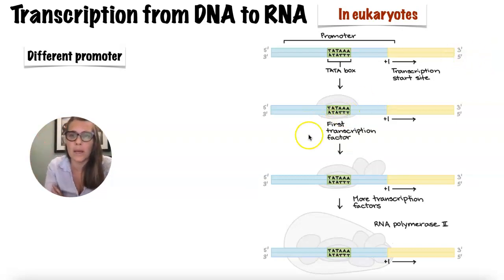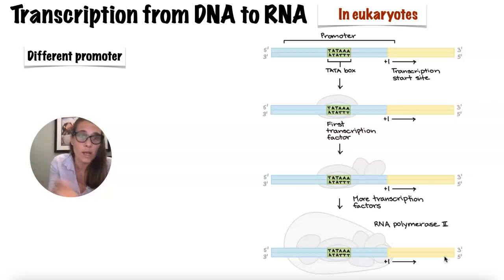You see that there are many different factors here. So it's very complex. It's going to activate itself, bind, and then start transcription, transcribing just that yellow portion, which is the gene that we are interested in at that moment.